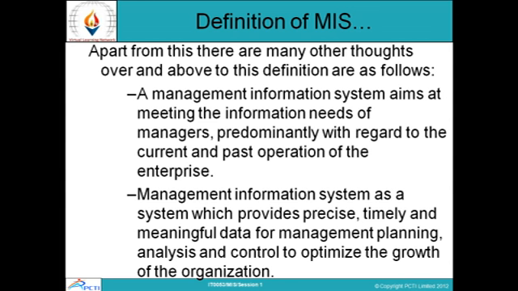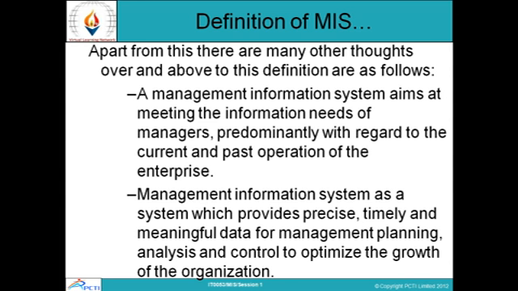Management information system is a system which provides precise, timely and meaningful data for management planning, analysis and control to optimize the growth of the organization. Management information system is not responsible only for the storage of data. Rather, it is not a way of storing the bulk amount of data of an organization into the MIS.